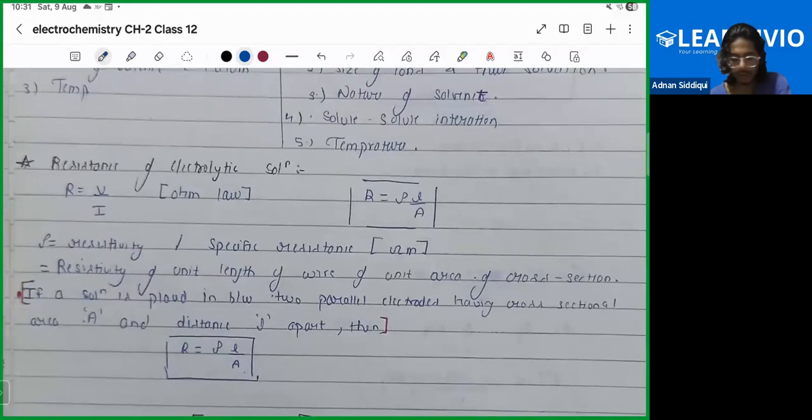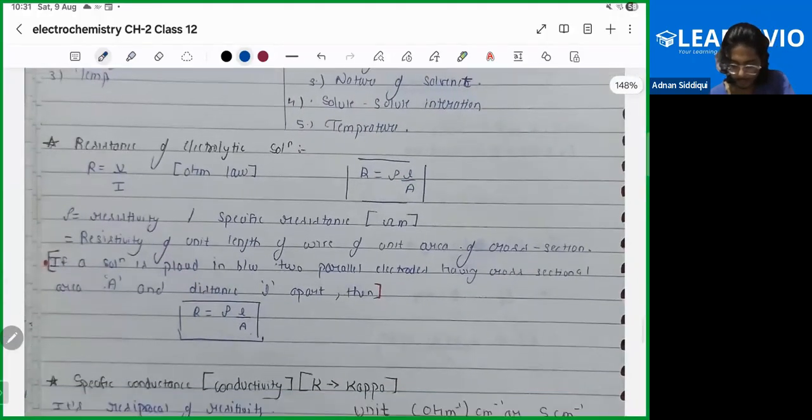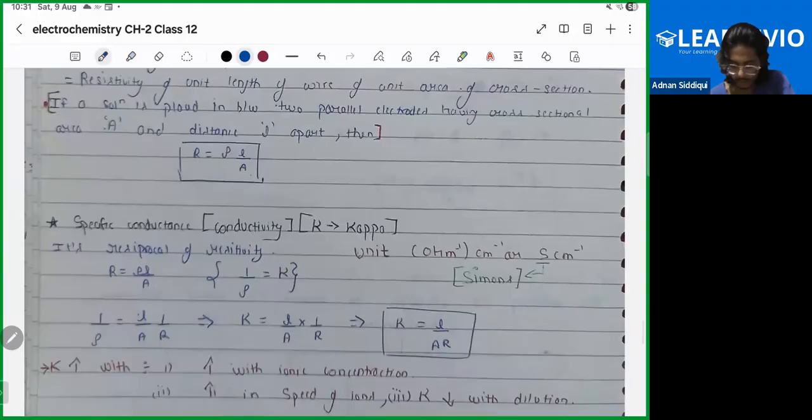Yes, sir. Now, what else do we know? We know that resistance is equal to resistivity times the length of your wire divided by the area of your wire. How did we derive this?